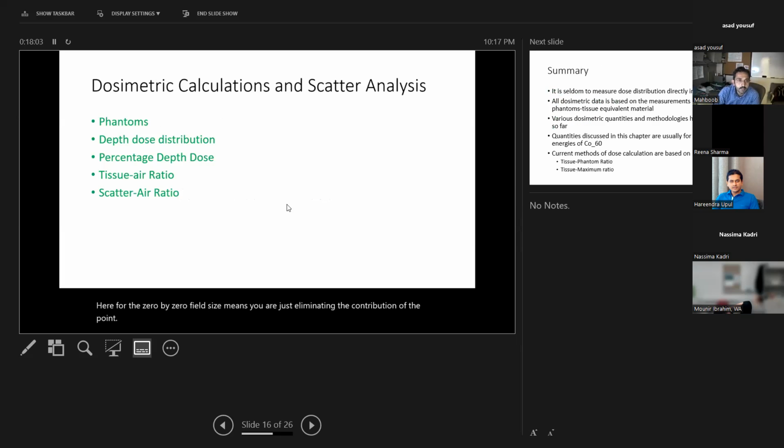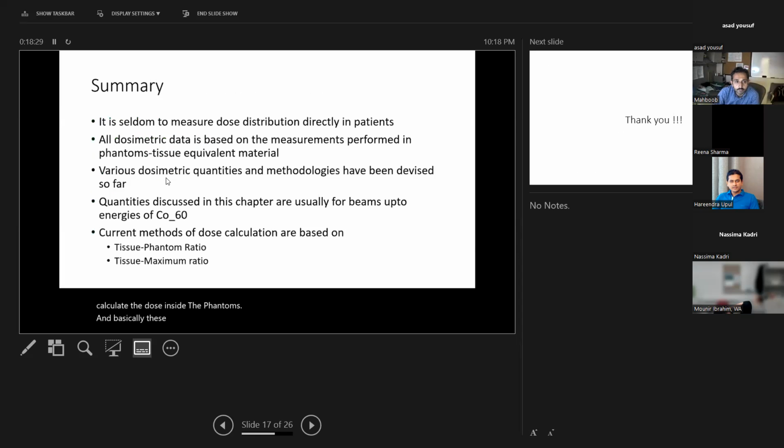So these are, again starting from the first slide, the dosimetric calculations. These are 5 important quantities. Based on these quantities, traditionally or conventionally, we can calculate the dose inside the phantoms. These calculations are basically defined for the lower energies, as cobalt 60 was used.